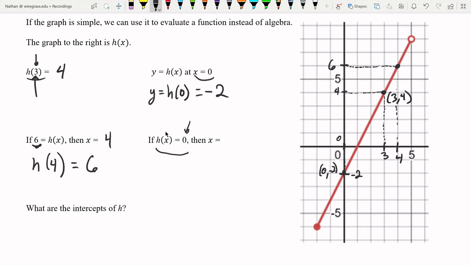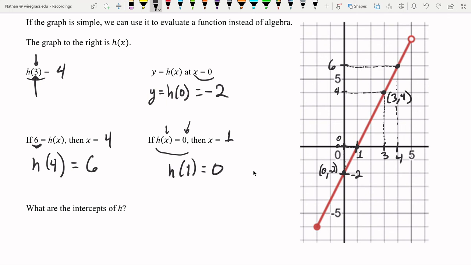We do not know what our input variable is. So we're trying to find that. So we're going to look at 0 on the y-axis. It's right here at the origin. Go left or right. In this case, we're going to go right to this point here. And that occurs at the input of 1. So x equals 1. In other words, h of 1 equals 0.